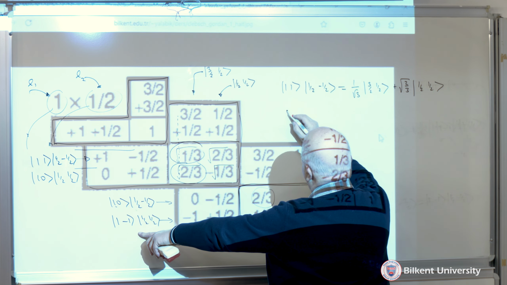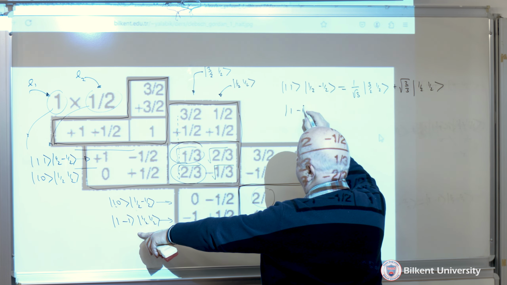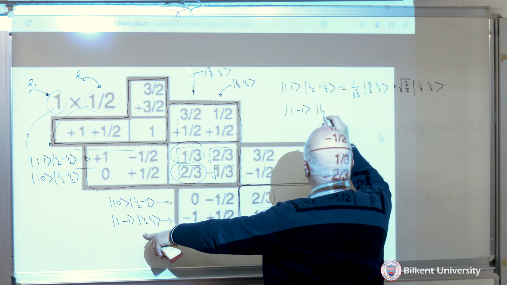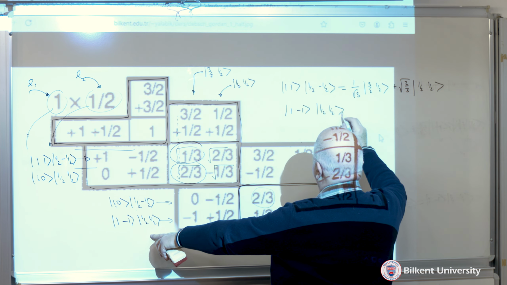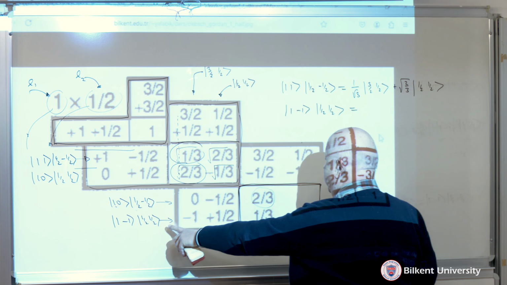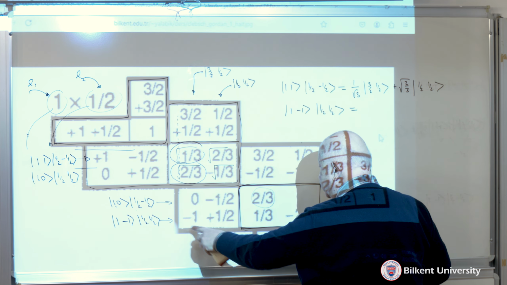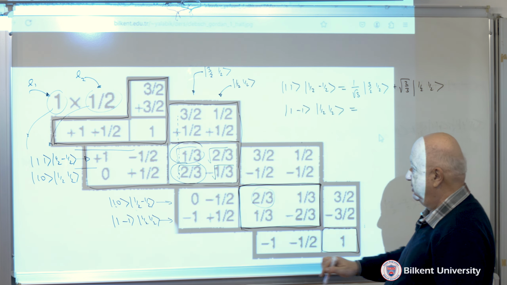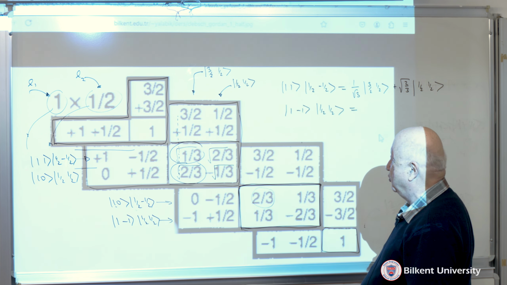For example, if I take this |1, -1>|1/2, 1/2>, I shouldn't be fooled by this part, which is just an indication of the state and not coefficients.